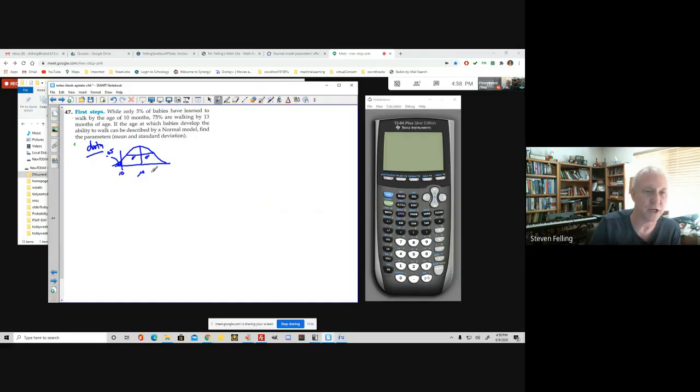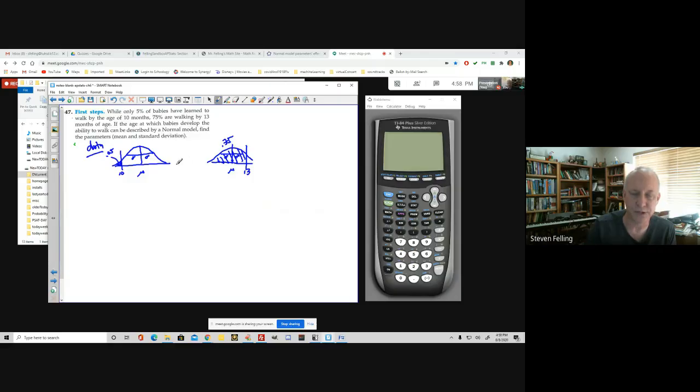This is the age at which they walk. I also know that with that same mean and standard deviation, 75% of the babies are walking by 13 months. So that's all in the data distribution on a normal distribution like that.